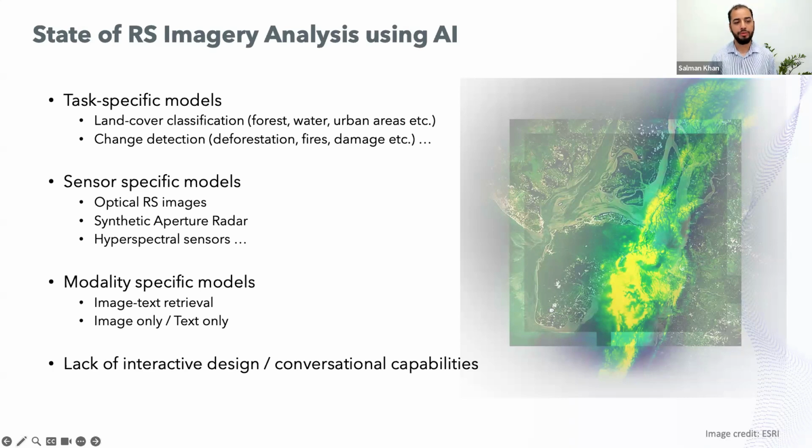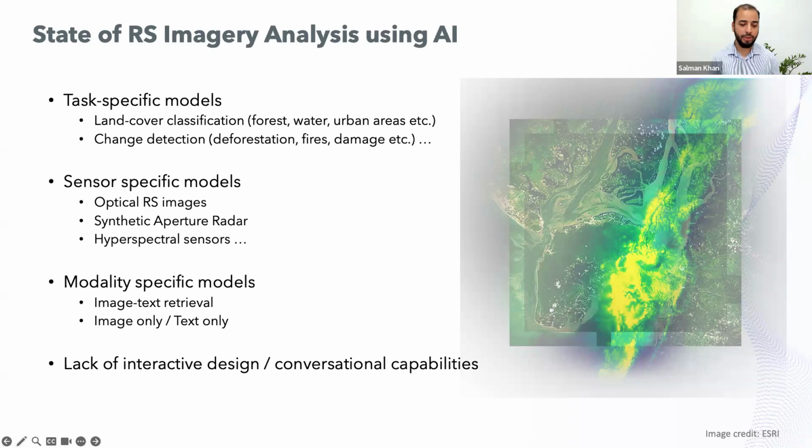Similarly, we also find efforts which are very much specific to the sensor which is used for training the model. For example, there are models specifically developed for SAR imagery, for hyperspectral imagery, or optical remote sensing imagery. Similarly, there are some models that only offer image level understanding and they cannot take in textual inputs.